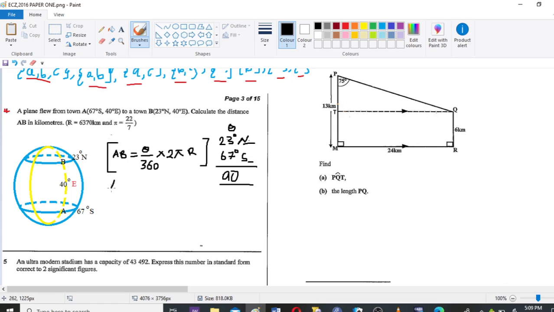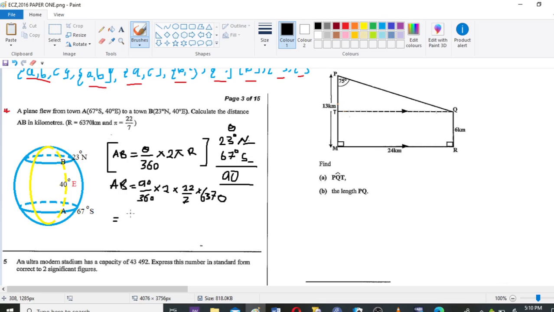In the formula we have AB equal to 90 divided by 360, multiplied by 2 multiplied by 22 over 7, multiplied by our R, which we've been given as 6370, that is in kilometers.